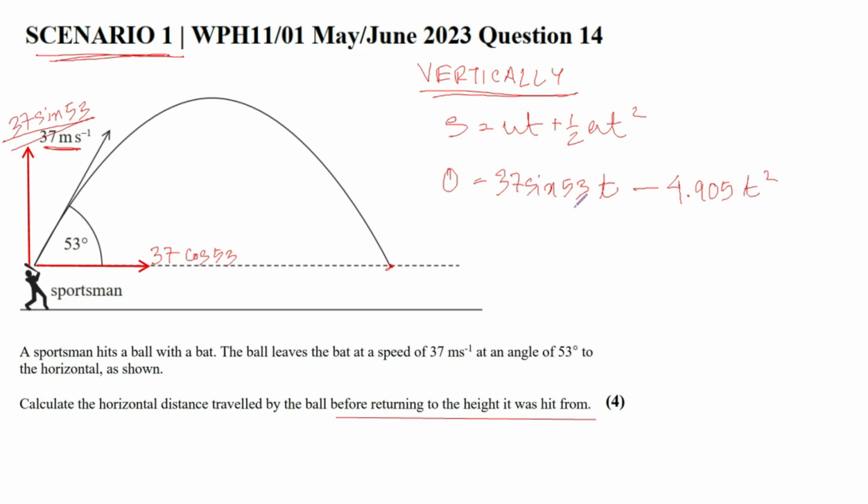So the equation gets reduced to, if you make t common, one t is equal to 0, you have to look for the other t. So 37 sine 53 minus 4.905 t, because if I take t common, 1 t equals 0. So all you have to do is solve, therefore t equals, so the value of t that you get is 6.02 seconds. So all of this was from the vertical aspect of the projectile motion. Now we move on horizontally.